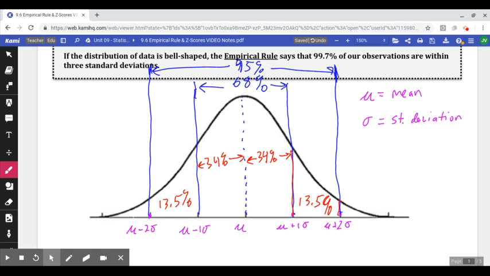And if you added everything that we've done in red so far up, so if you do 13.5, 34, 34, and 13.5, you're going to wind up with 95. So there's a couple different ways you can think about it. You can think about the empirical rule as each individual section in red, or you can also think about the empirical rule as being one standard deviation above to one below, 68%, two above to two below, 95%.